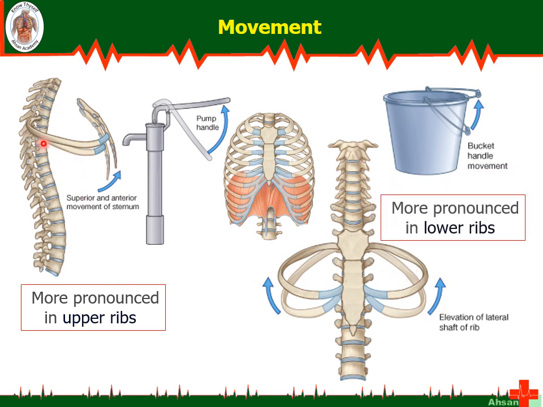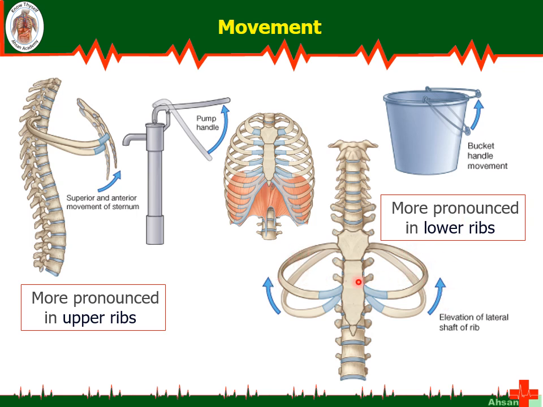So either movement causes an increase in the diameter of the thoracic cavity. Pump handle causes an increase in the anteroposterior diameter, and bucket handle causes an increase in the diameter side to side.